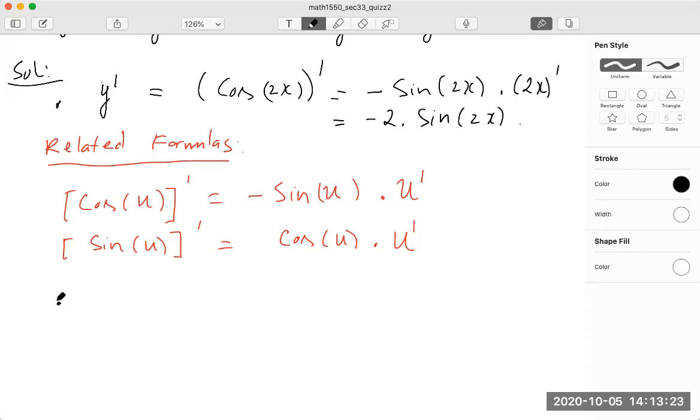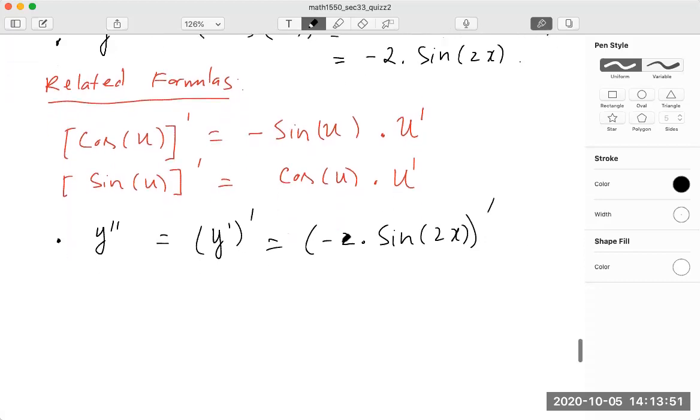And similarly, we need to compute the second derivative of y. The second derivative is the derivative of the first derivative. And the first derivative, we found it here, which is negative 2 times sine of 2x. Now, this is the derivative of a constant multiplied with a function.